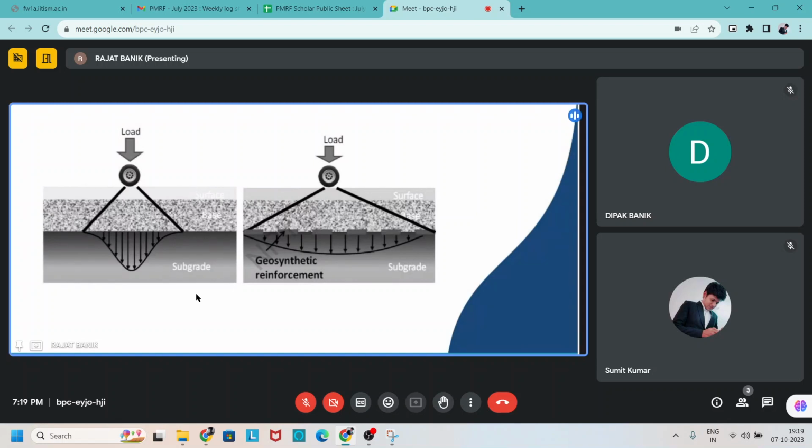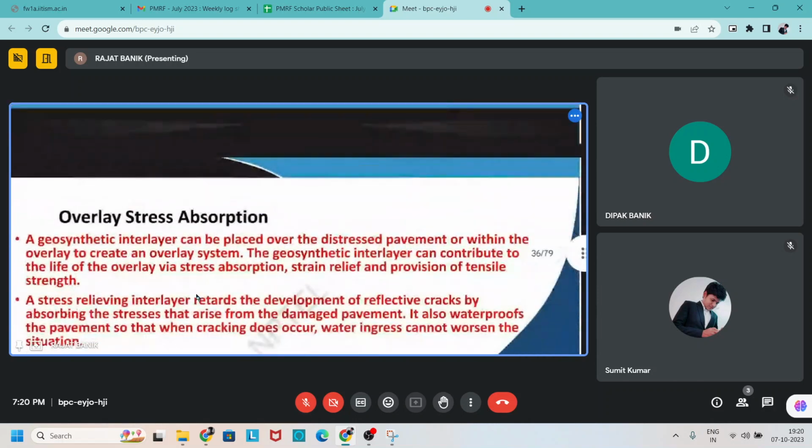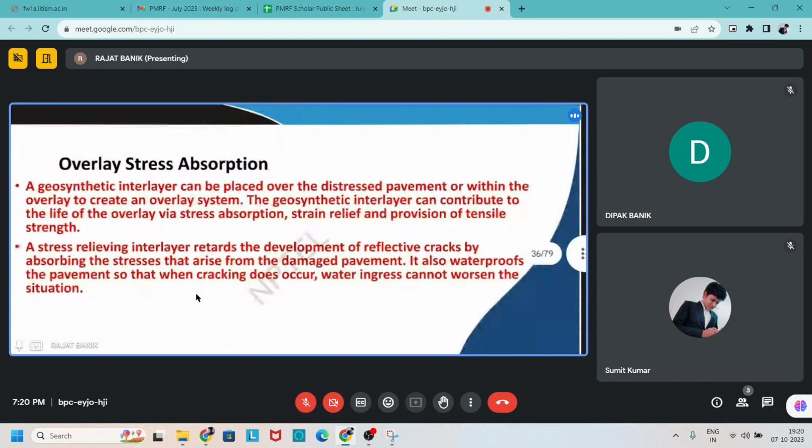So we can use this as a reinforcement, and due to this, the load distribution takes place over a wider area. The stress created also reduces, and the possibility of failure may also reduce. Then overlay stress absorption.